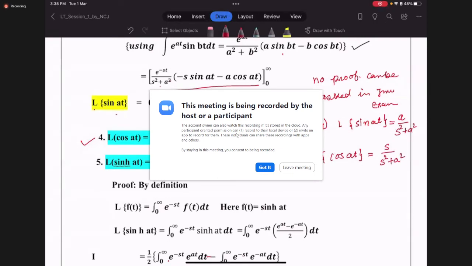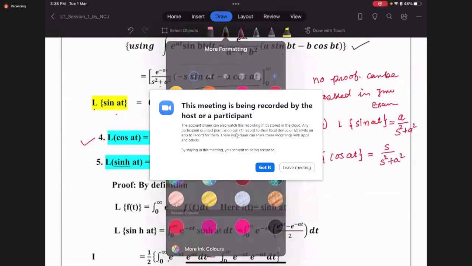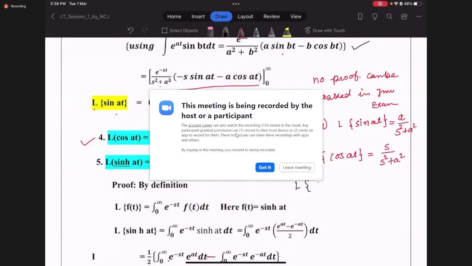If I ask you, what is Laplace of sin 2t, how will you write it? Which formula will you use? 2 upon s square plus 4.